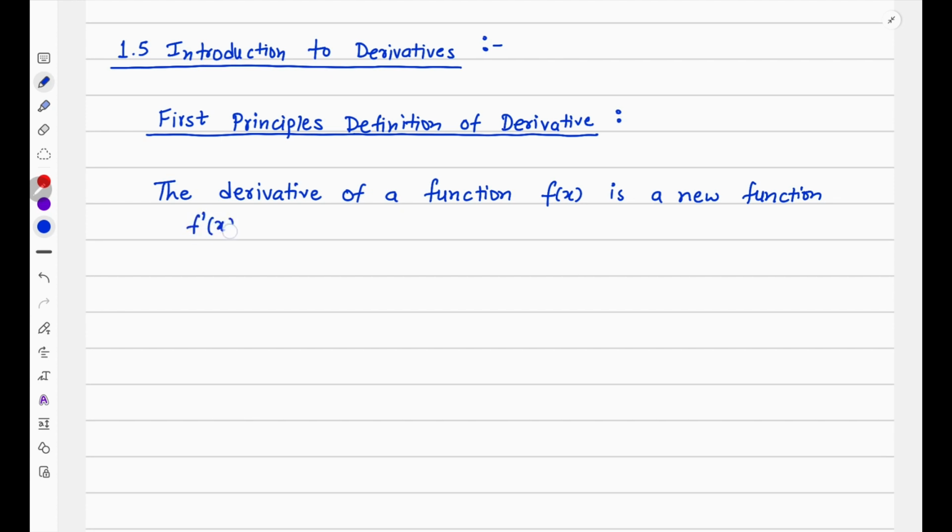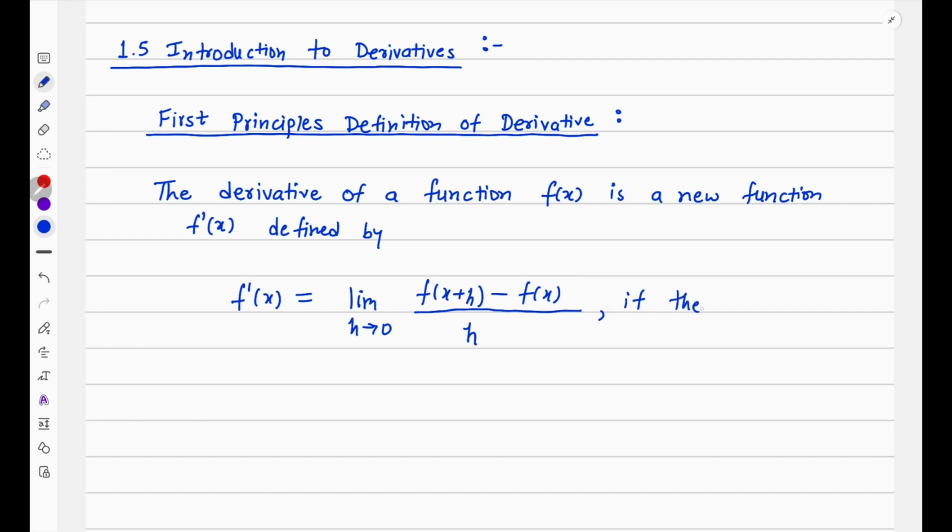It is called f dash x, or the first derivative of f(x), and it is defined by f'(x) equal to the limit as h approaches 0 of (f(x + h) minus f(x)) divided by h, if this limit exists.